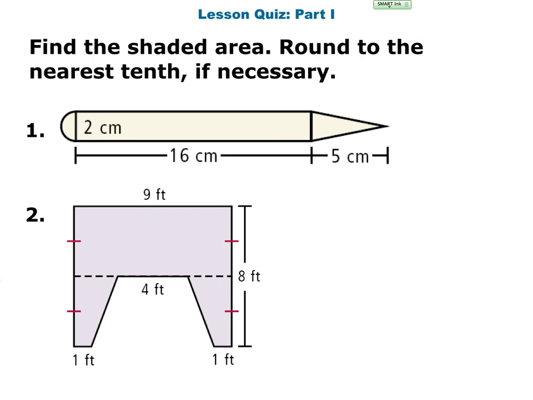Okay, so we did composite shapes. How would you break this one up? A half circle, rectangle, and triangle. How about this one? Rectangle, trapezoid, rectangle. Okay, the rectangle could be the great big thing, and then subtract the trapezoid.